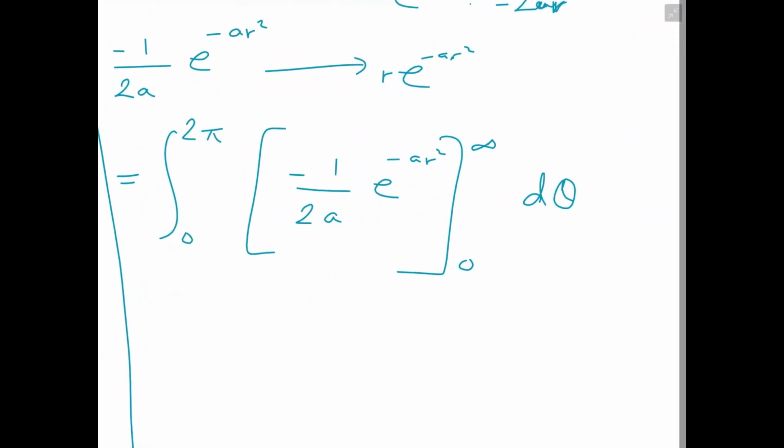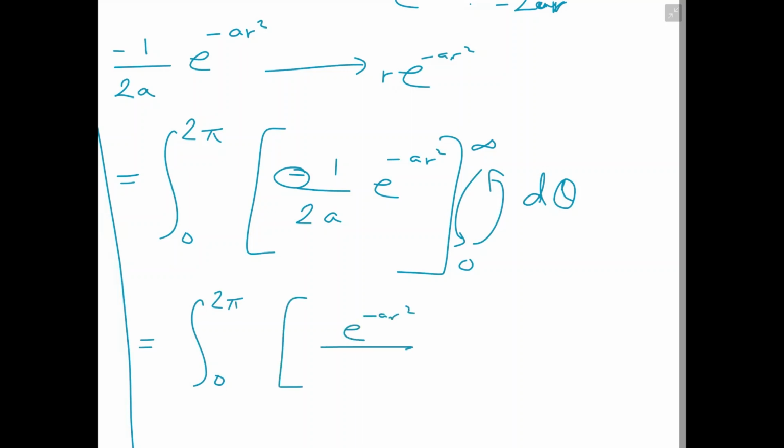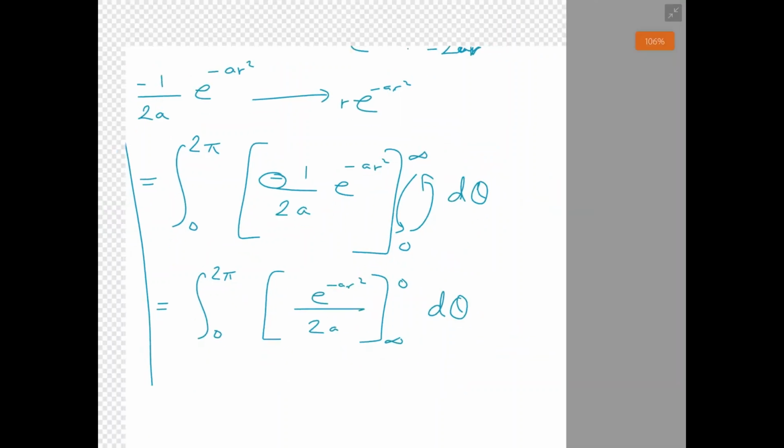And we could work out the integral, but a nice trick we can do is, because there's a negative sign here, we can swap the limits. So that's the integral from 0 to 2 pi of e to the minus a r squared divided by 2a from infinity to 0 d theta.